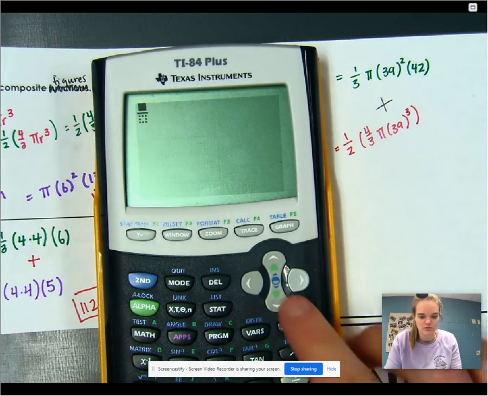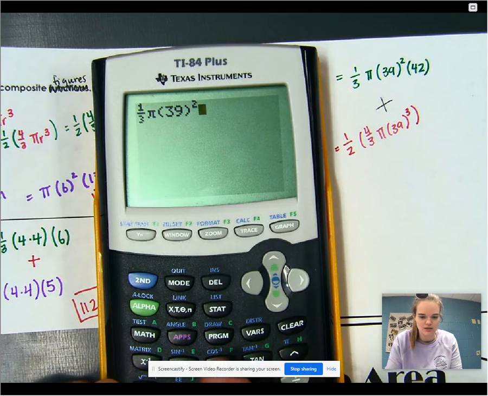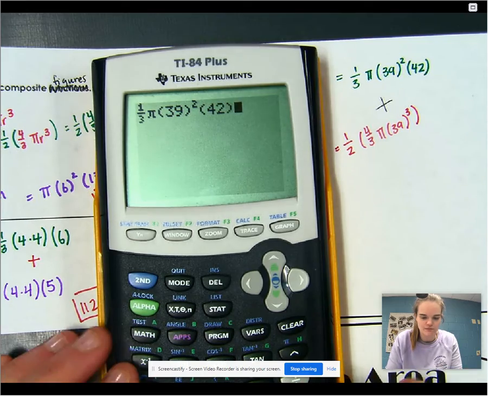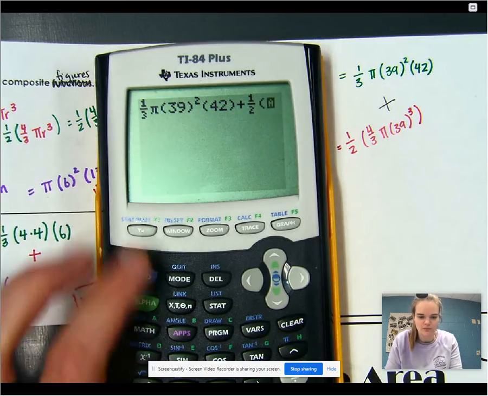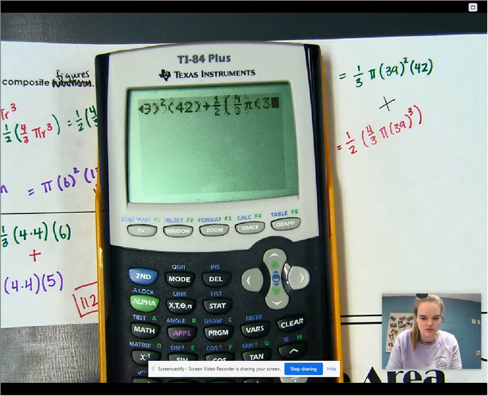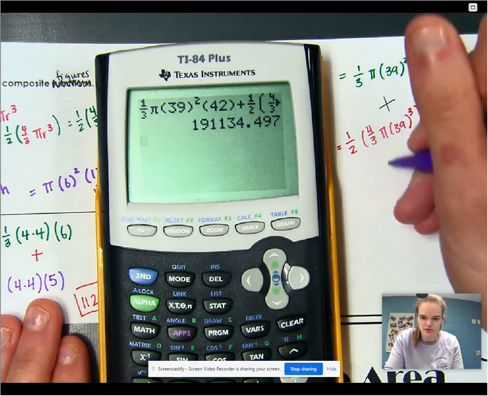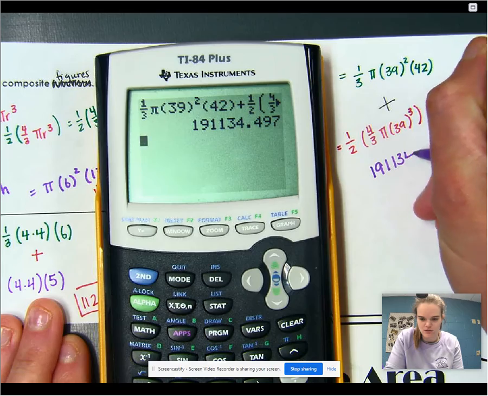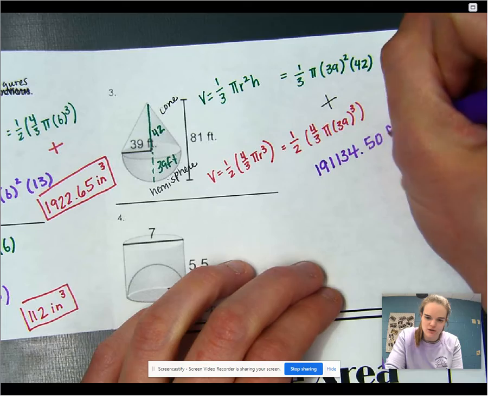Alpha y equals enter, 1/3 pi times 39 squared, times 42 plus 1/2 of the sphere formula, and I get a very large volume in feet cubed.